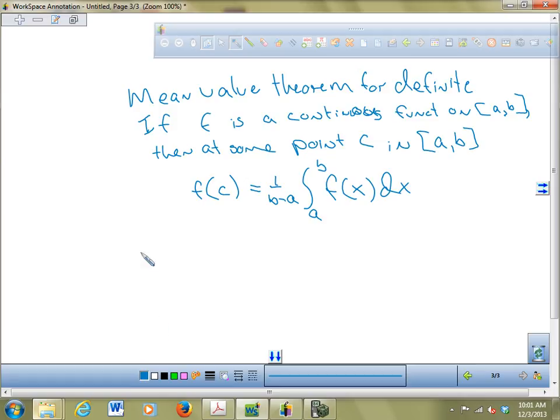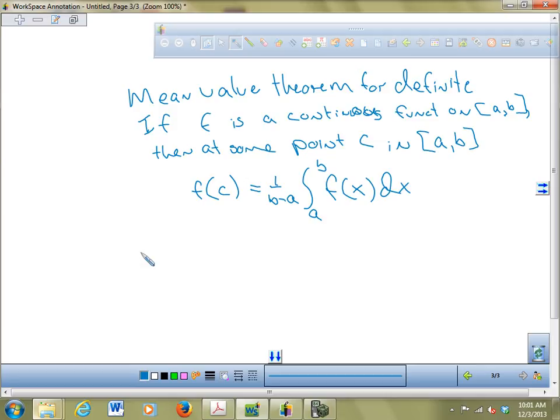And so all this says is exactly the same thing as the average value. Mean value theorem just states that if the function is continuous, there's always going to be a point c such that its y value is the height of a rectangle whose area would give you the integral, the area underneath that curve.